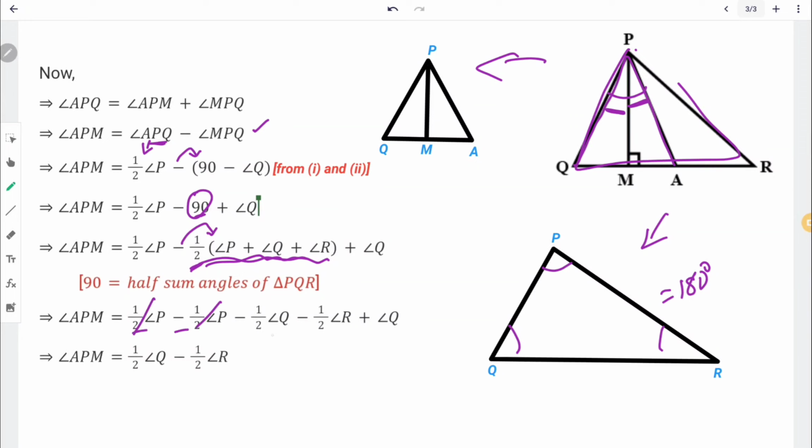Now when you look at these two, this is angle Q, this is minus half times angle Q. Angle Q simply means 1 times angle Q. We have 1 here, we have minus half here. That means will half be left or not? And remember, 1 is greater than minus half. That is why when we subtract these two, we're going to get half times angle Q, and we're left with minus half times angle R. So that is how we prove it. All right.